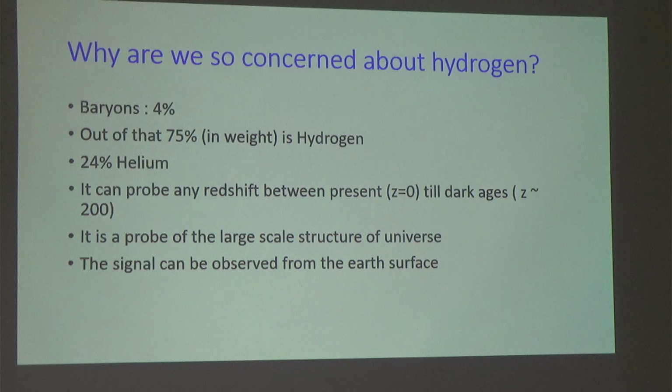That is another advantage. You don't need to go to space to observe the signal. You can build a radio telescope and observe this signal from the ground. And I think Saurabh will talk about that in more detail, how you observe and what the challenges are. But these are the advantages of using the 21 centimeter signal to study our universe.